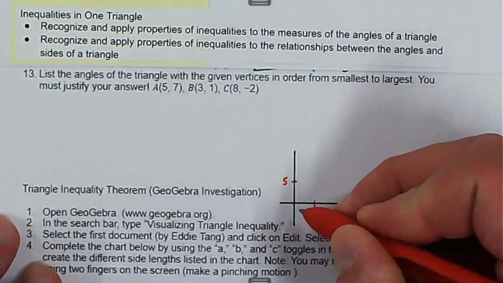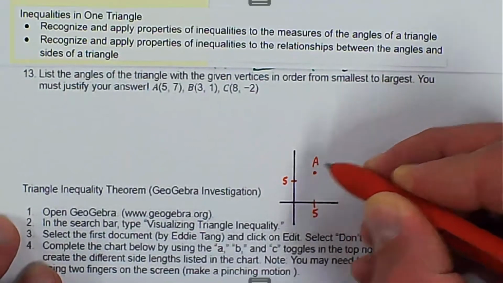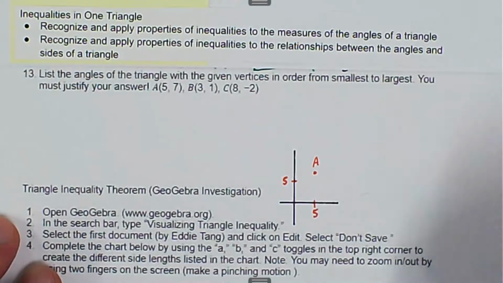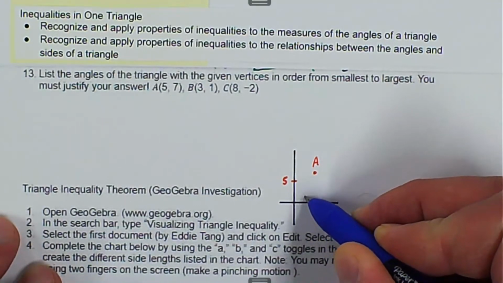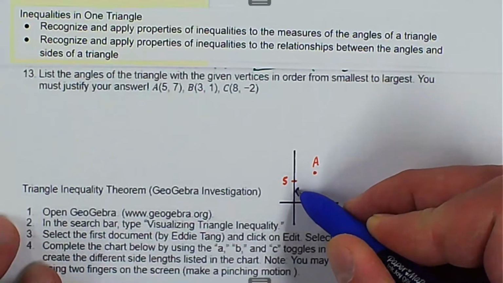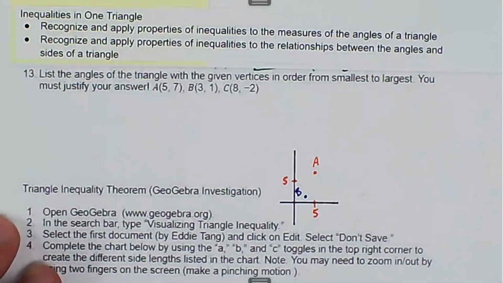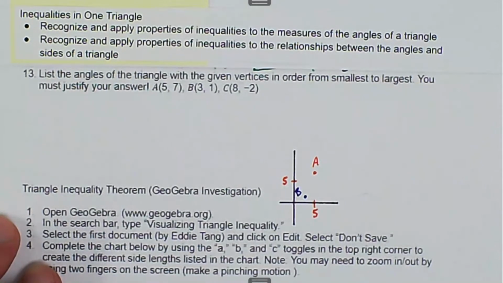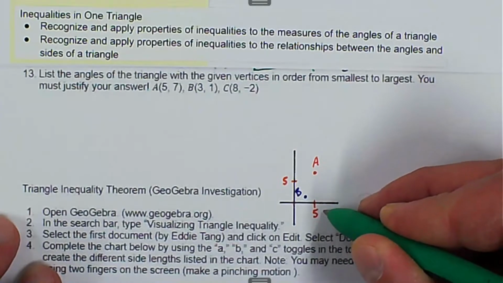So for point A, it's at 5, 7. So 5, there's 5, 5 a little bit above. It doesn't have to be exact. For B, we're at 3, 1. So 1, 2, 3, 1. So B is going to be right there. And for C, we're at 8, -2. So 3, 5, 6, 7, 8, -2.